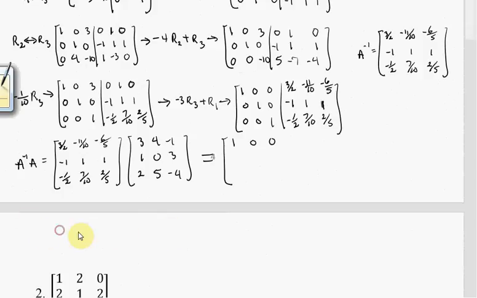So let's go and check the other one. This is the second row, first column. So this is negative 3 plus 1 plus 2, that's 0. Good. Second row, second column. So this is negative 4, 0 plus 5, that's 1.